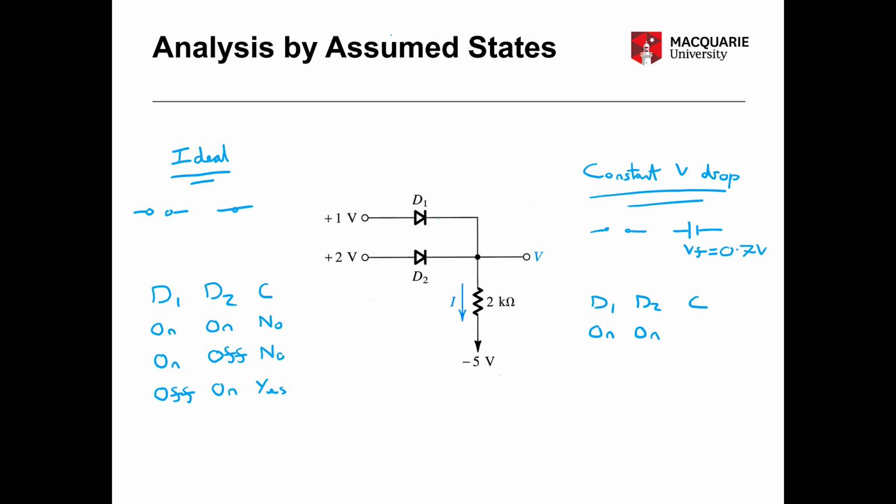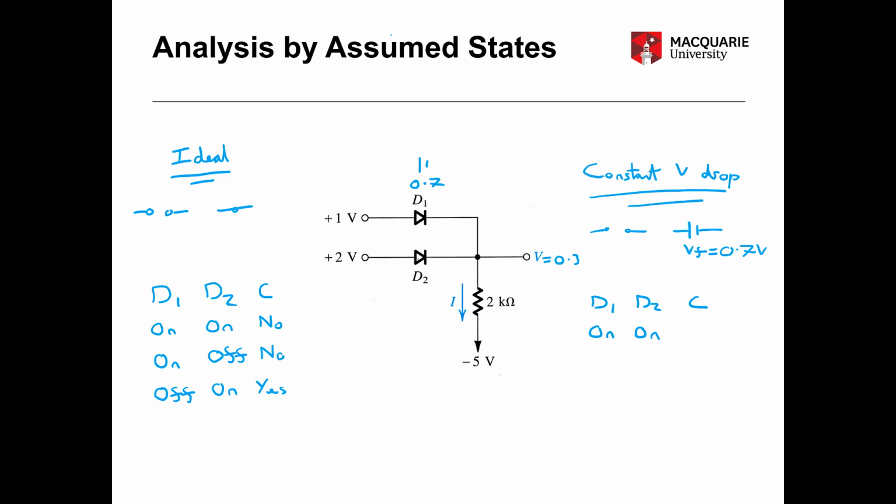Now in this case, if the D1 diode is on, then it must have a 0.7 drop across that, which means that the voltage of V is going to equal 0.3 volts, because we have 1 minus this 0.7 volts across the diode.